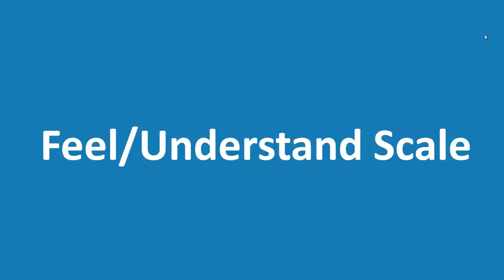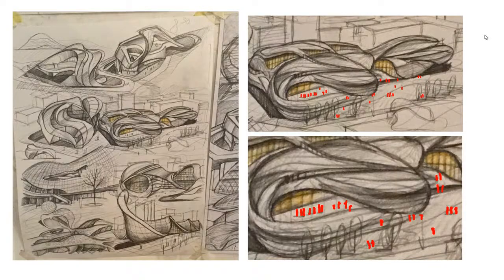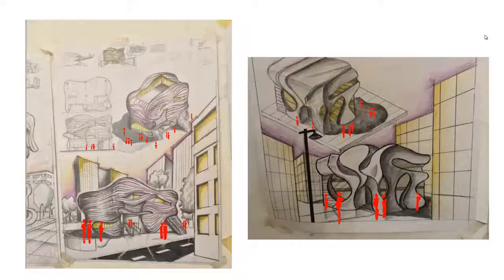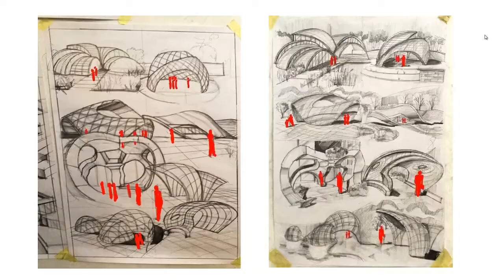Okay, so this takes me to the next stage, which is feeling and understanding scale. You need to basically feel and kind of understand the scale of these objects. Okay, so look how large they are compared to normal people, right? They could be actually smaller, larger.